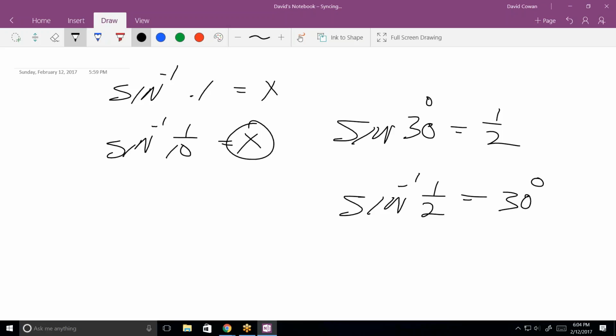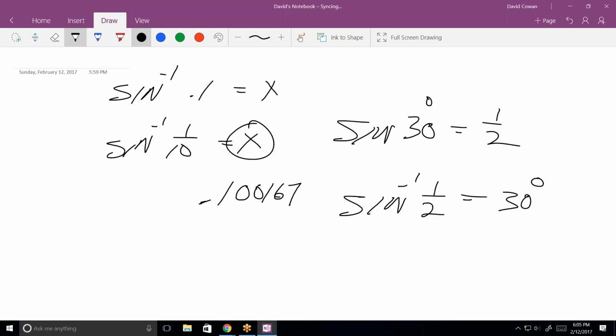Okay. What kind of calculator do you have, William? An N-spire. Go ahead and put that in, see what you get. 0.100167. Is that degrees or radians?